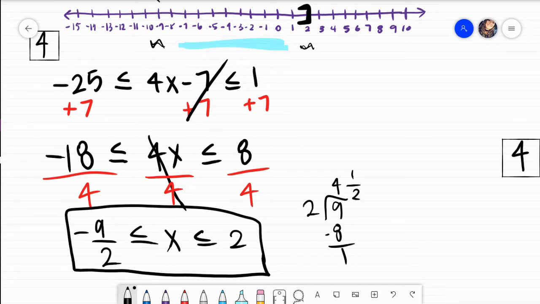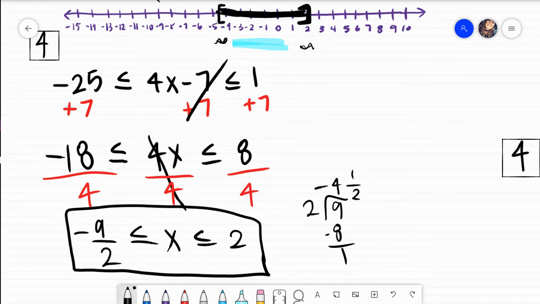And I get 4.5. So I now know more accurately, without any kind of guessing, that 4.5 is where my bracket goes, and that's a -4.5, which means it's here.